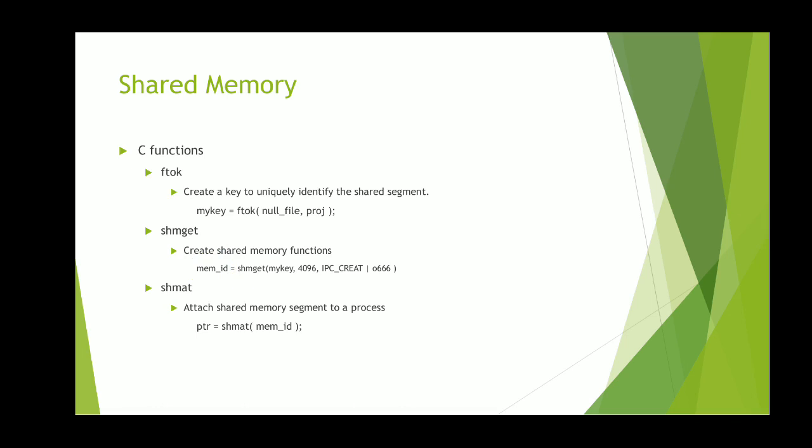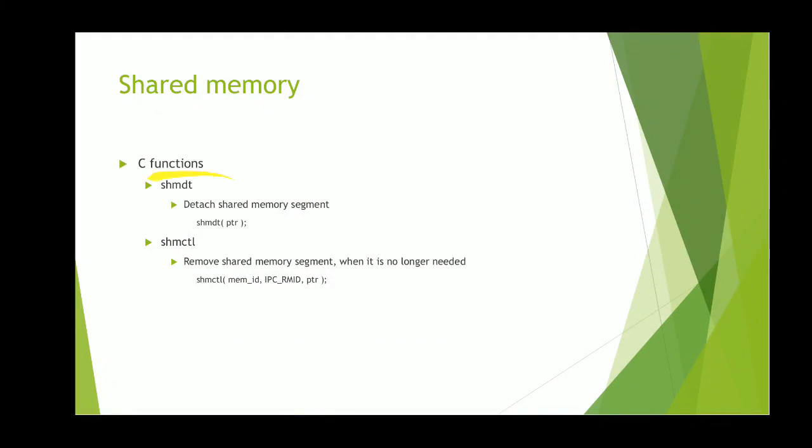This memory ID is given to the shmat function, or shared memory attach function, and this function will give a pointer location to the shared memory segment, and using this pointer location we can access the shared memory. We can use the shmdt function for detaching the shared memory segment, and this is its syntax. Here we give the shared memory pointer obtained by the shmat function to detach the shared memory segment.